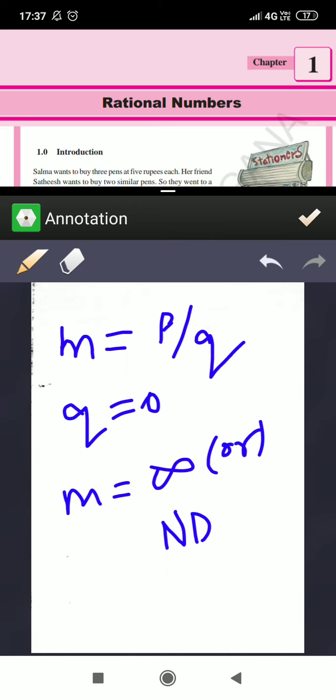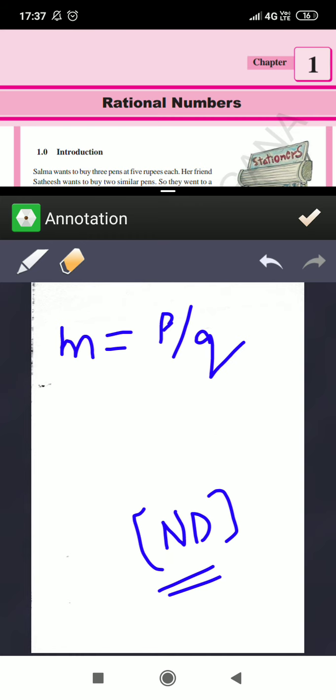In short form we will write it as ND. So that's why we will not consider q equal to 0 in the case of defining rational numbers.